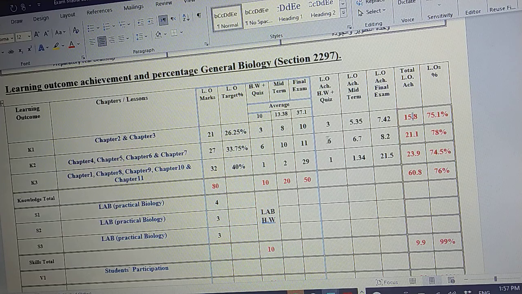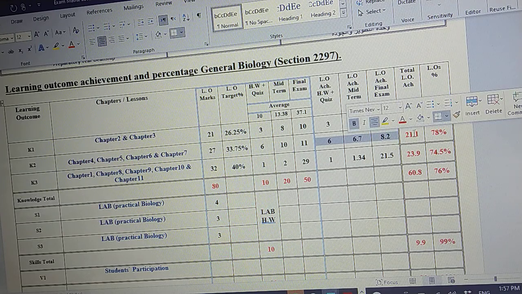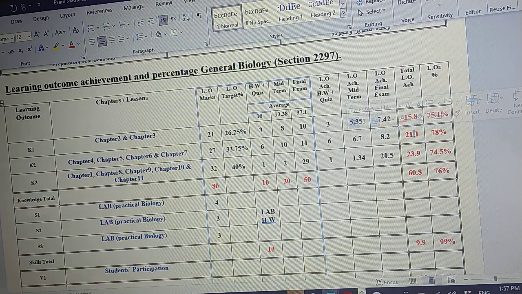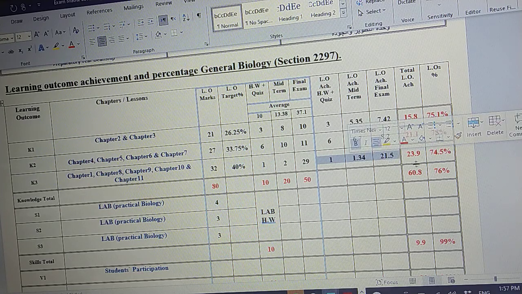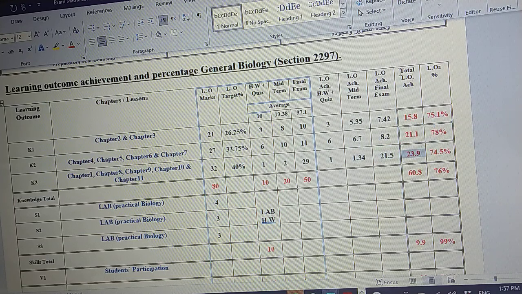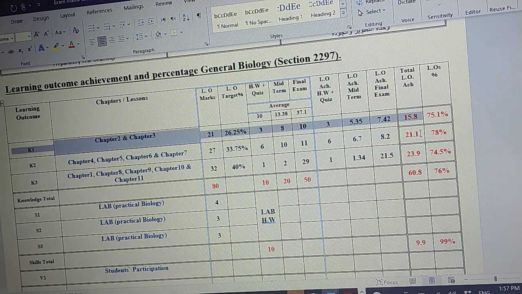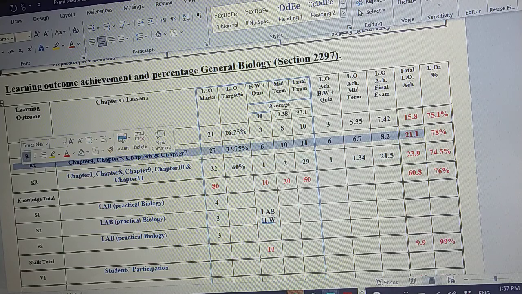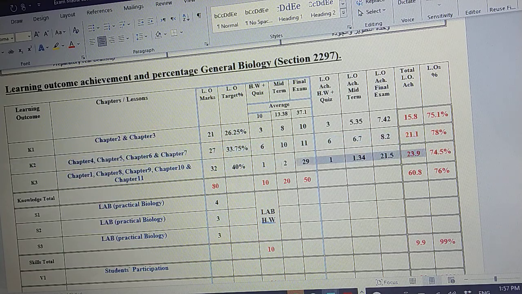Also 6 plus 6.7 plus 8.2 will equal 21.1. For K3, it will be 1 plus 1.34 plus 21.5, which will equal 23.9. So this is the total achievement for K1, total achievement for K2, total achievement for K3.